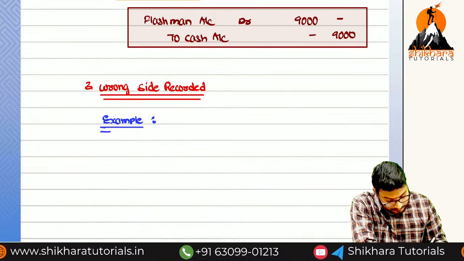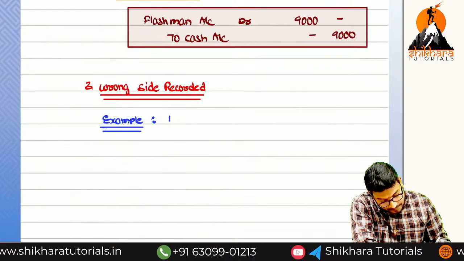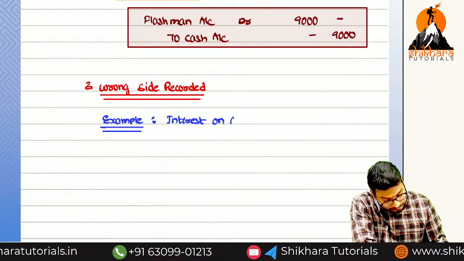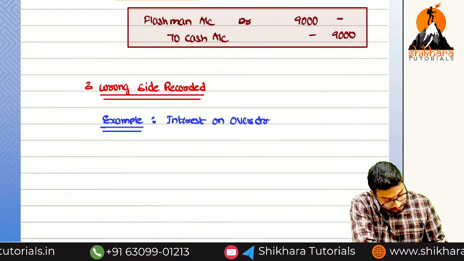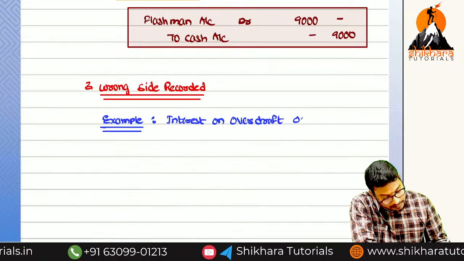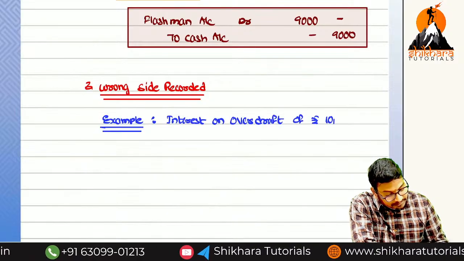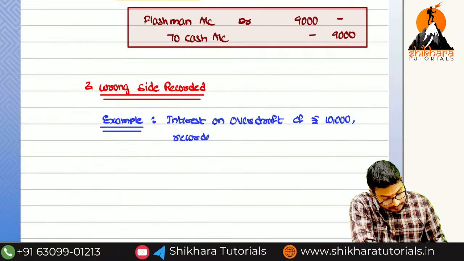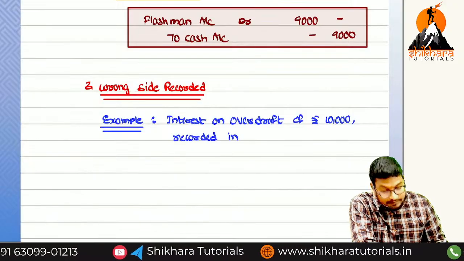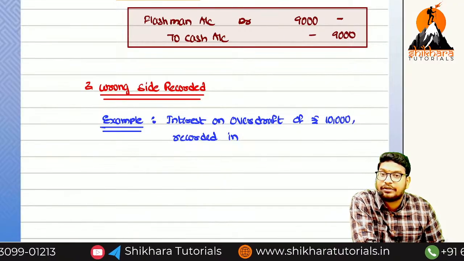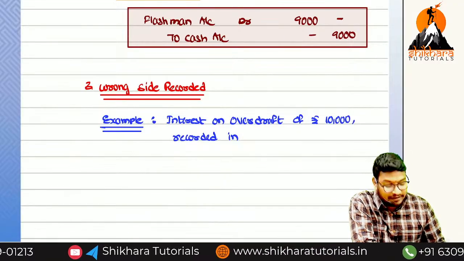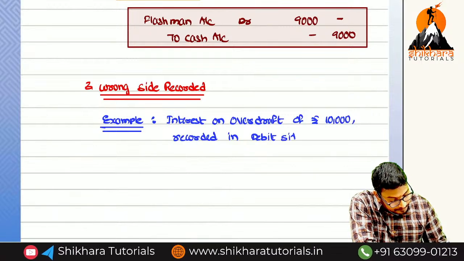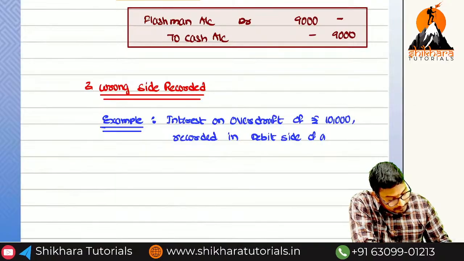Interest on overdraft of rupees 10,000, recorded in which side? Normally we record on the credit side because it is a payment, but recorded in the debit side of a cash book.